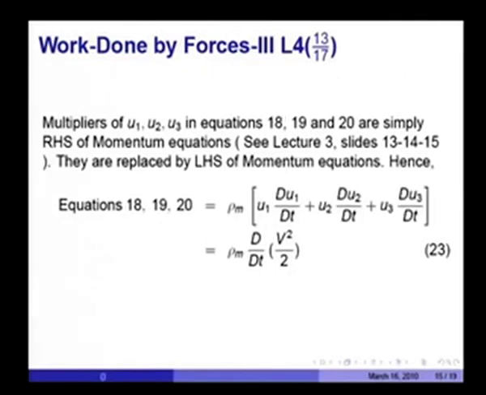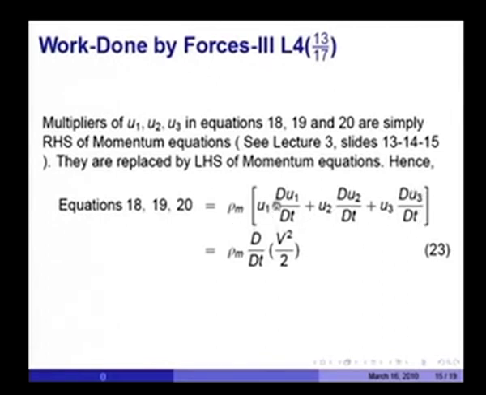So, multipliers of u 1, u 2, u 3 in equations 89 are simply right hand sides of momentum equations. If you recall, in lecture 3, slides 13, 14, 15, we have replaced them by the left hand side of the momentum equations. So, the left hand side was u 1 du 1 by dt into rho m, u 2 du 2 by dt and u 3 du 3 by dt.